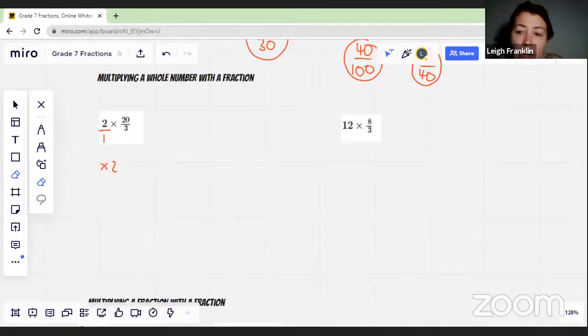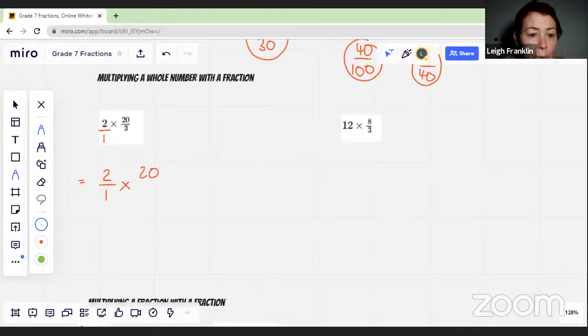Okay. So, when it comes to multiplying fractions, if you want to put the 2 over 1, that's 100% perfect, because then you can see very clearly what number is in the numerator and what number is in the denominator. Then we're going to multiply, and we're going to put 20 at the top and 3 at the bottom.